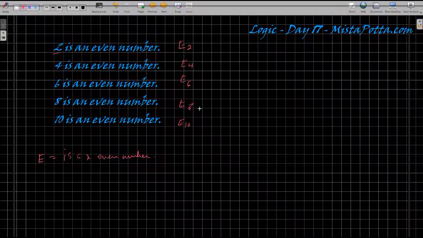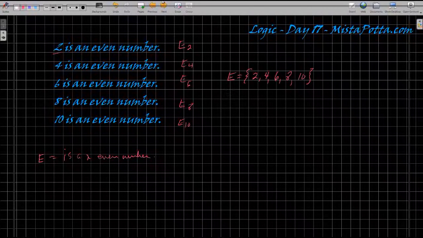And so I can write it together as one set of subjects, a set of subjects that goes 2, 4, 6, 8, and 10. This set of subjects goes with a predicate E, where E represents "is an even number."